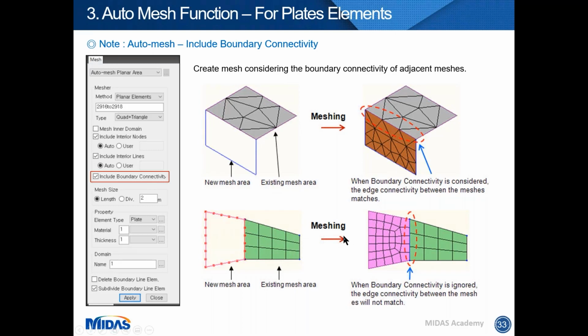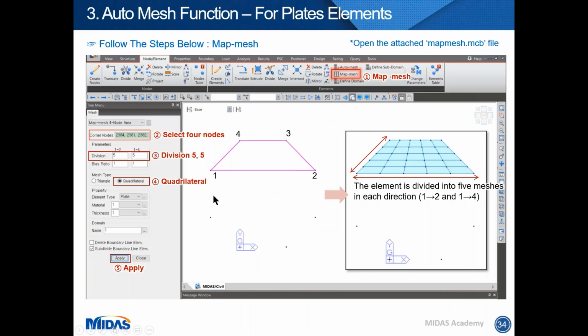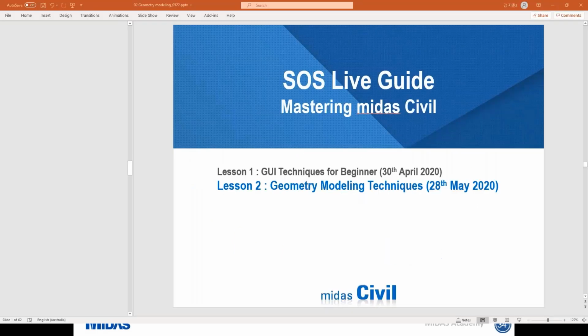So the nodes should be shared, and sometimes they are not. That's why we have this function, include boundary connectivity. So you can try out, as I mentioned, as we have the undo button, you can follow the same steps with trying a different option. That's how we can learn MIDAS Civil.